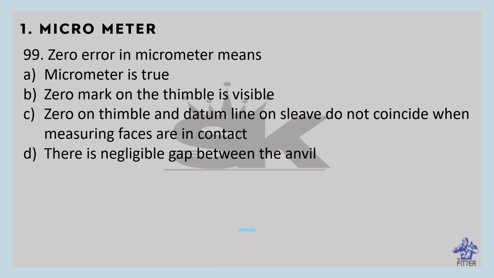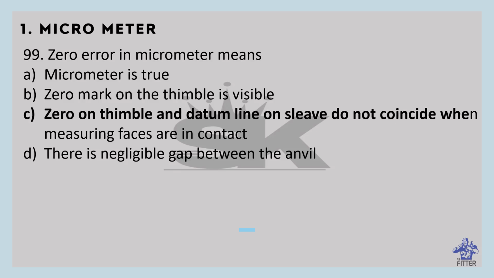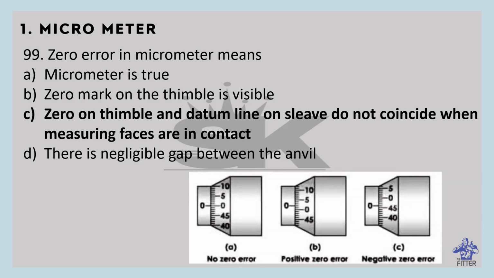Zero error in micrometer means zero on the thimble and datum line on the sleeve do not coincide when measuring faces are in contact. You can see here in the image there are two zero errors. The first one has no zero error because it coincides with the zero line.